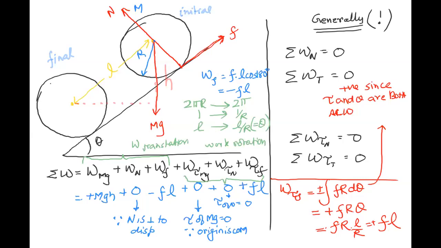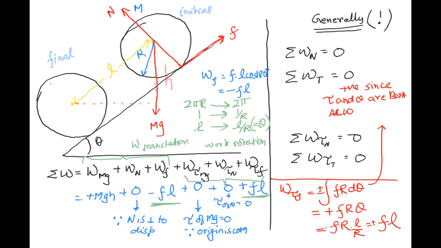If we have an object which is rolling, then the work done by friction is zero, because work done by friction in translation is minus FL and work done by friction in rotation is plus FL.